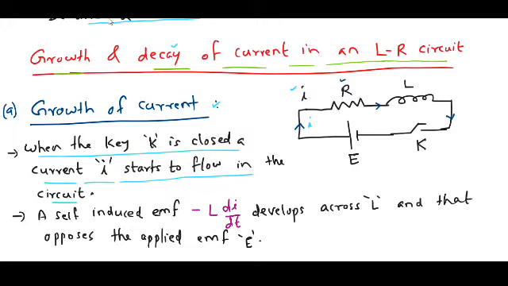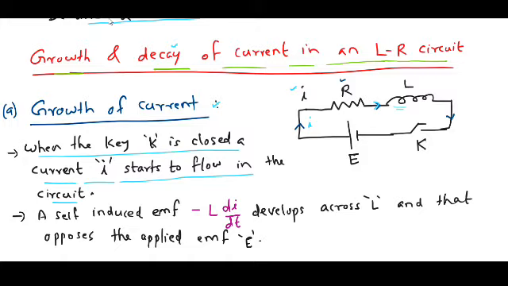Then if a current I increases through the coil, the flux through the coil increases. Then the coil tries to oppose the increase of the flux, or the changing flux.